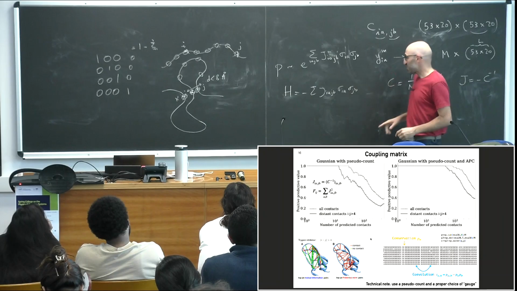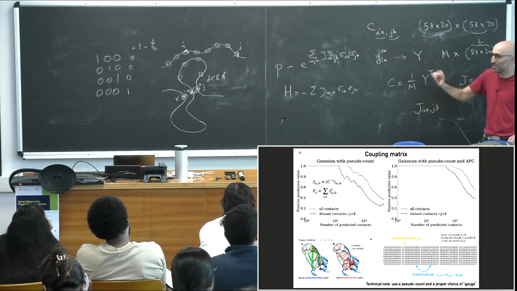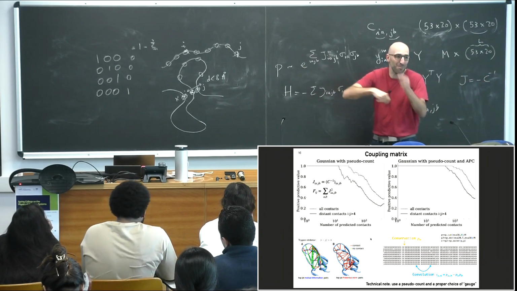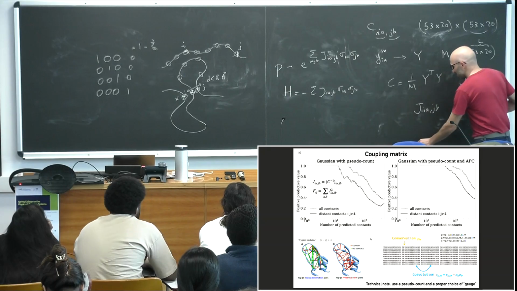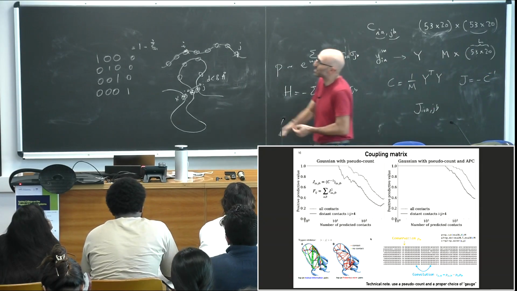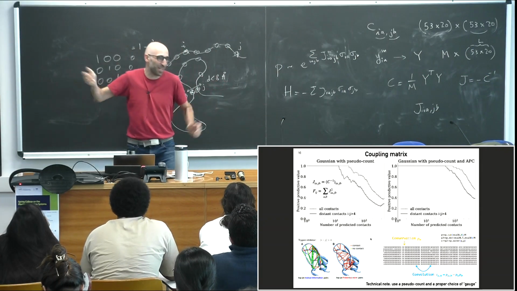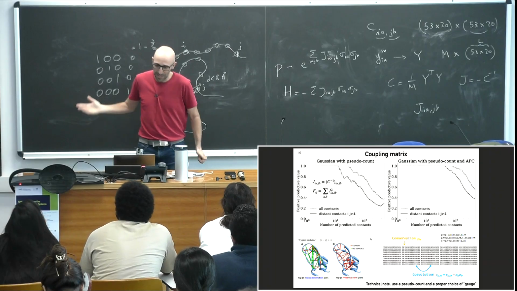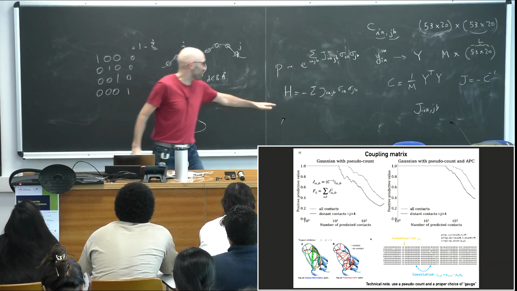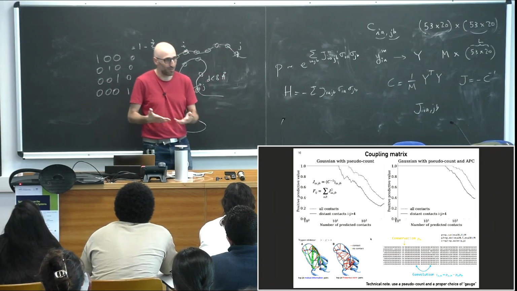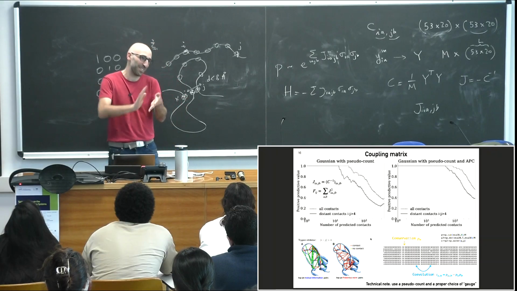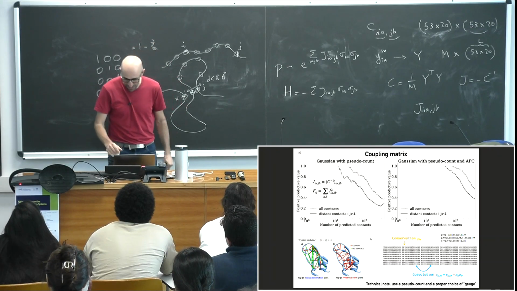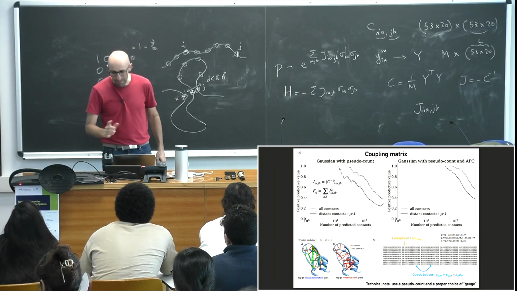Sometimes you can put a minus and then you have a plus. Anyways, since for this particular application I'm going to average the square of the couplings, it doesn't really matter. But usually we use the convention of physics. So positive coupling is ferromagnetic, you want to be together, and negative is antiferromagnetic.